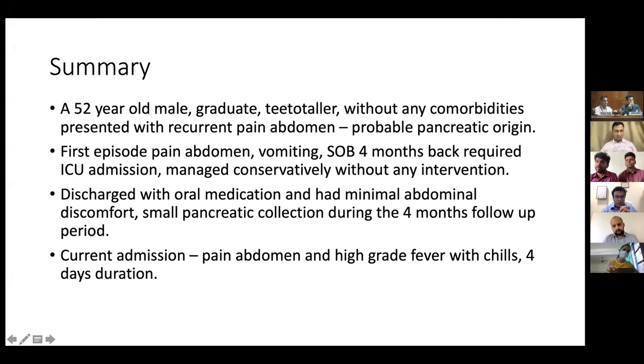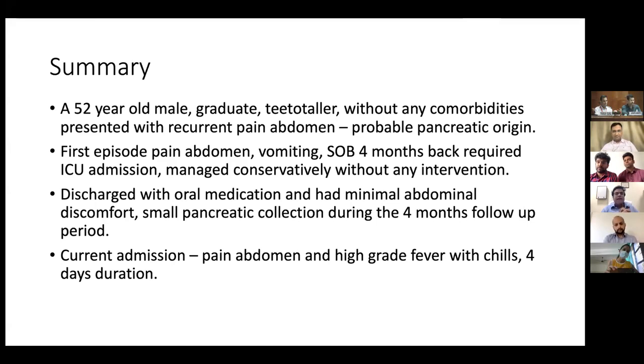He was also told that he had some amount of peripancreatic collection, indicating that the acute event 4 months back may not have completely resolved, and there is some persisting damage, which might have aggravated during the recent admission, either due to infection or some other secondary precipitating event.